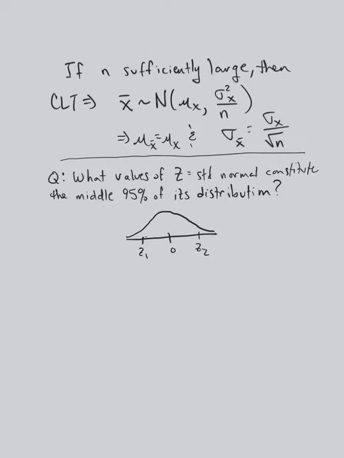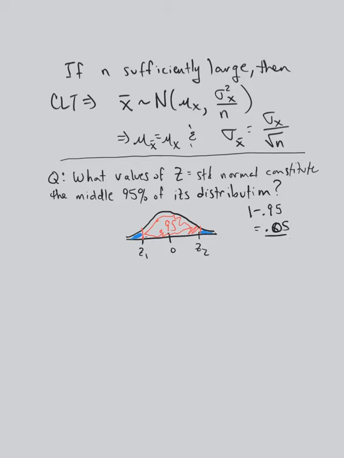If you remember how to do this, we're looking at this area in the middle as being 0.95. Then we need these tail areas out here. We've used up 95% in the middle, so the remaining is 1 minus 0.95, which is 0.05.